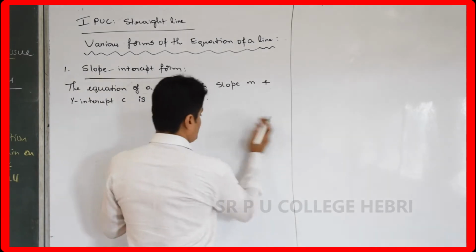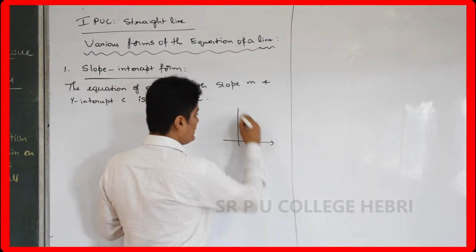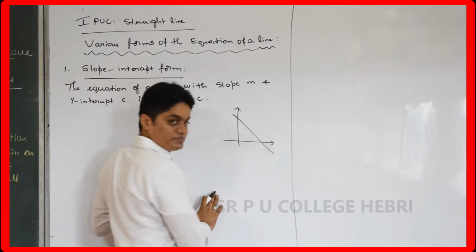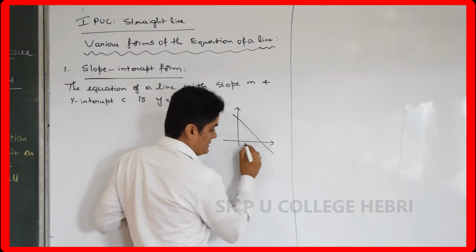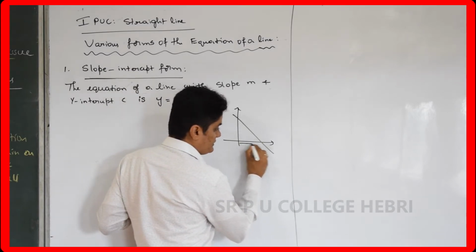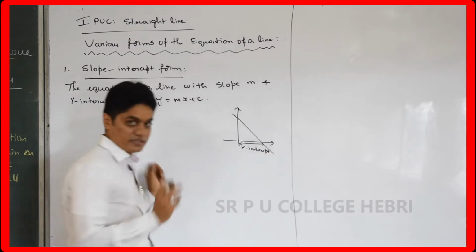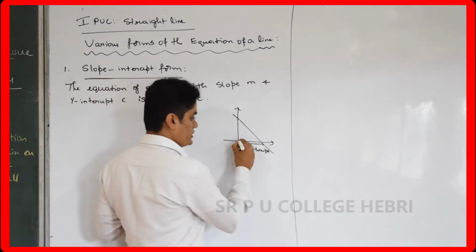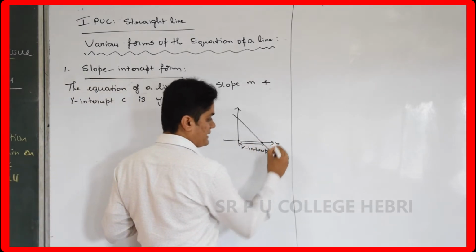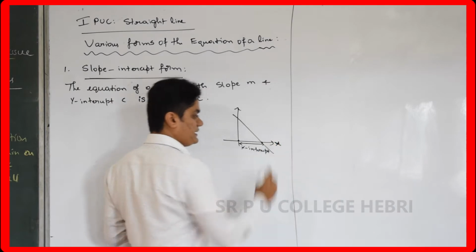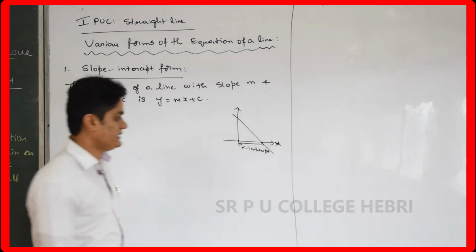See, if a straight line cuts the x-axis like this, then this distance is known as the x-intercept. The x-intercept is nothing but a distance. So the distance from the origin to the point where the line cuts the x-axis is known as the x-intercept.